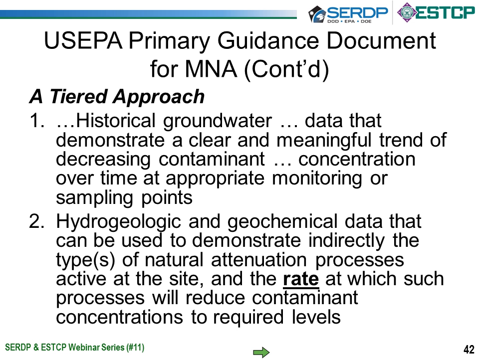The evidence to support M&A as a remedy is organized in tiers. The first one, of course, is the historical groundwater monitoring data. And so we built our framework around organizing and understanding that historical monitoring data to recognize a clear and meaningful trend of decreasing concentration over time.